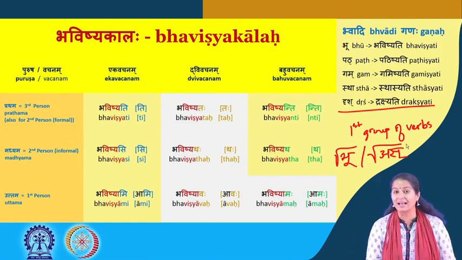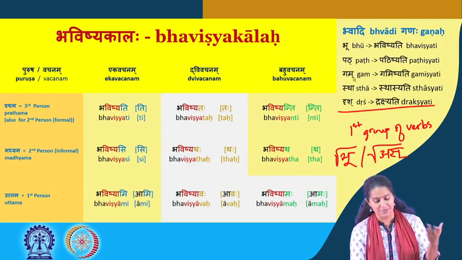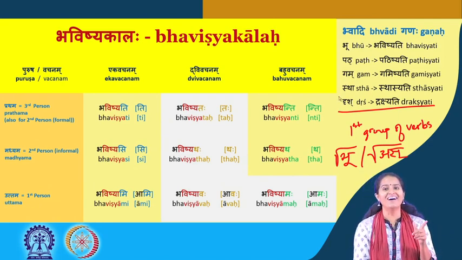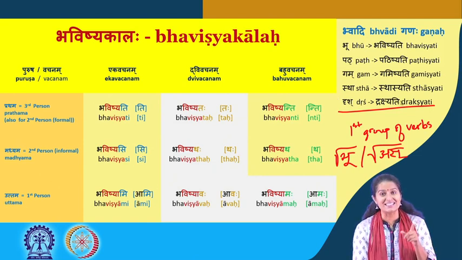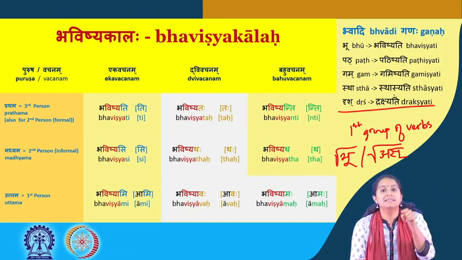Okay, so what I'd like to also point out here is that the root bhu becomes bhavishyati, pat becomes pathishyati, simple, gam becomes gamishyati, stha becomes sthasyati. You remember in the present tense, stha became tishtati, but in the future it becomes sthasyati.